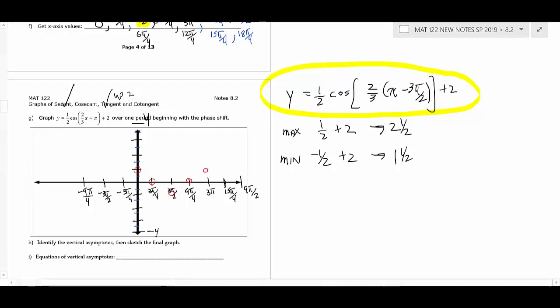However, what we're doing is phase shifting, so we're going to start at 3 pi over 2. My first point is at 3 pi over 2, and it would be here. However, think about what that would be. That maximum moves to 2.5, so that point is going to go all the way up to 2.5 like that.